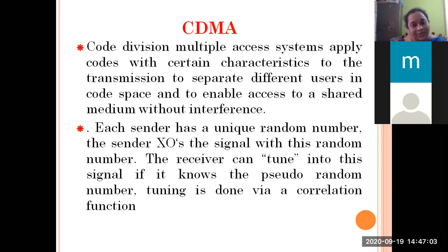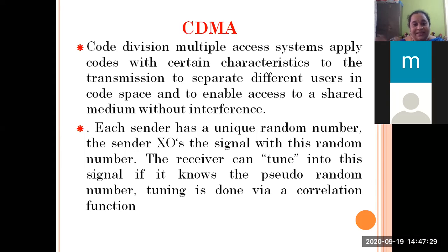The signal will be converted into zeros and ones, and the user is also given a random number in the form of bits. Both the sender's unique number and the corresponding signal that we want to send are XORed with each other, so that the resulting signal will be sent to the receiver.